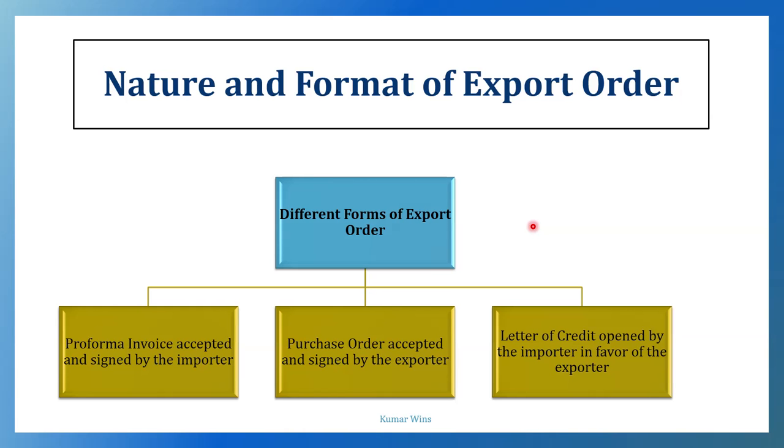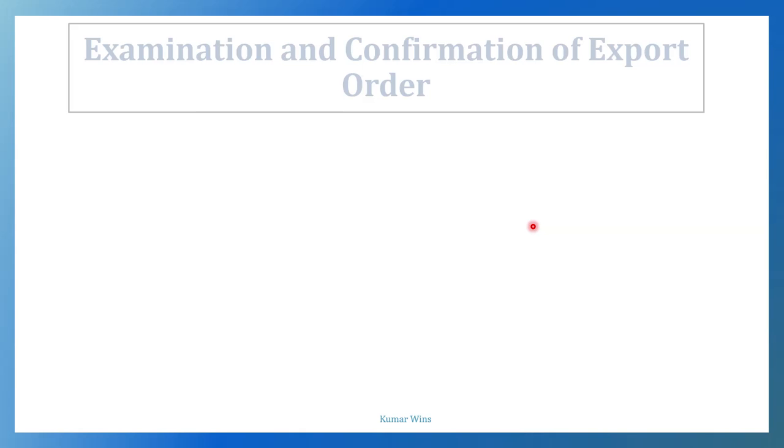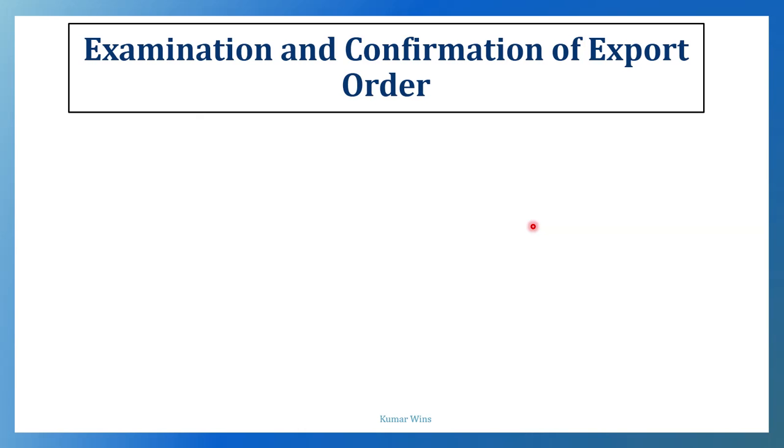Let's move ahead to the second step, which is examination and confirmation of export order. The exporter acknowledges the receipt of the export order and intimates the importer. This intimation can be by phone or fax or email.